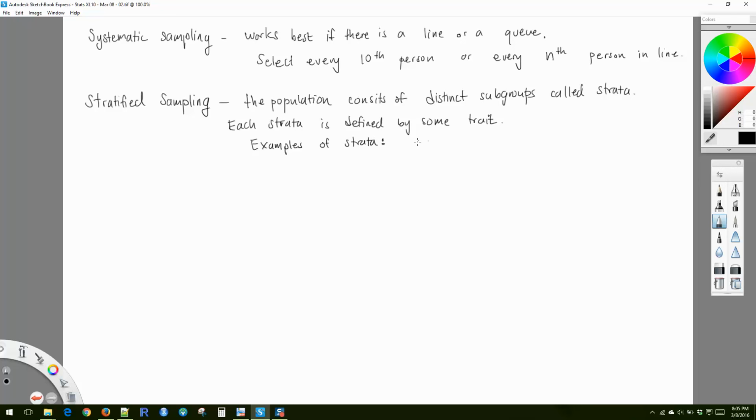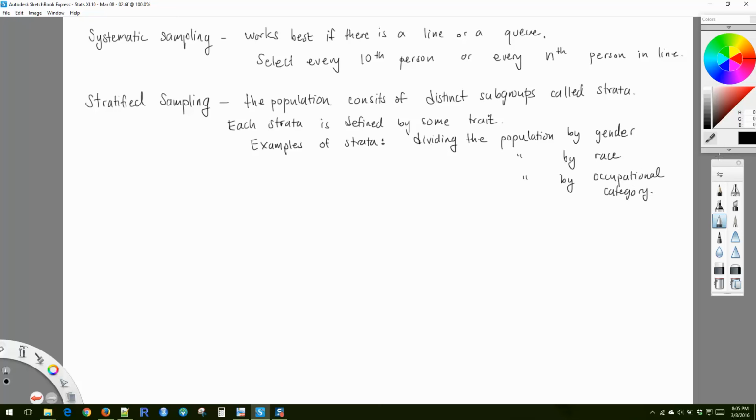Okay, so examples of strata would be dividing the population by gender, or by race, or by occupation, occupational category.